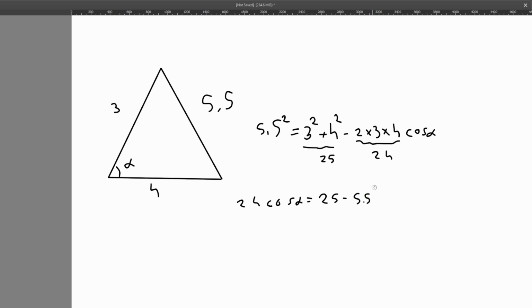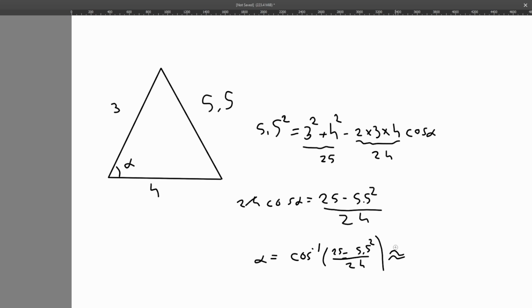And if we divide both sides by 24 and apply the inverse cosine to both sides, we see that alpha is equal to the inverse cosine of 25 minus 5.5 squared over 24.